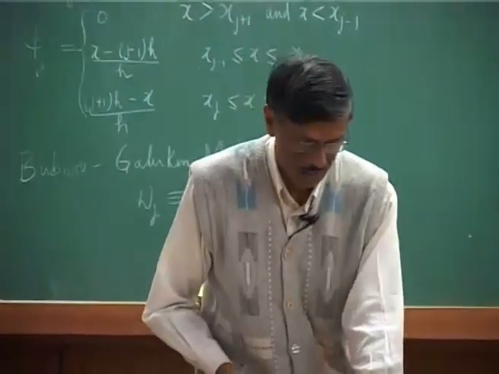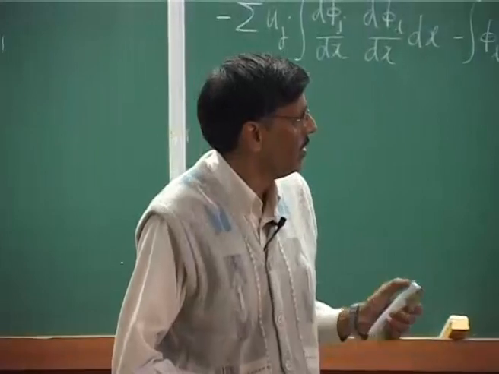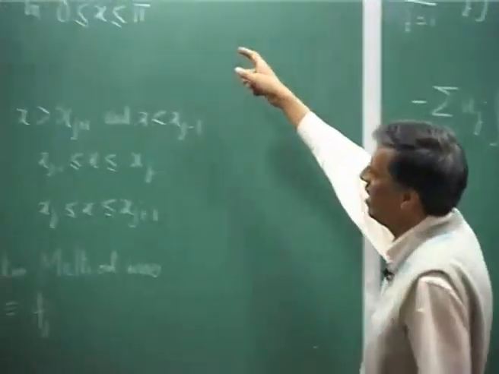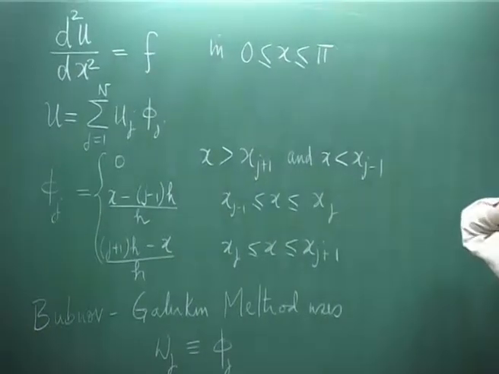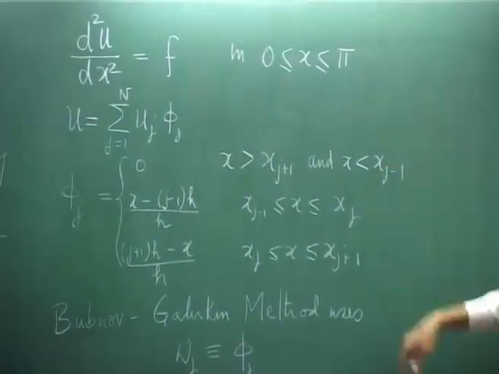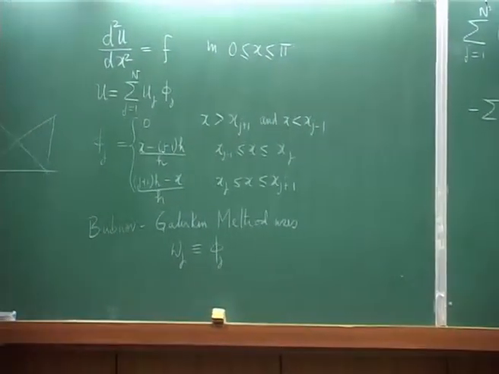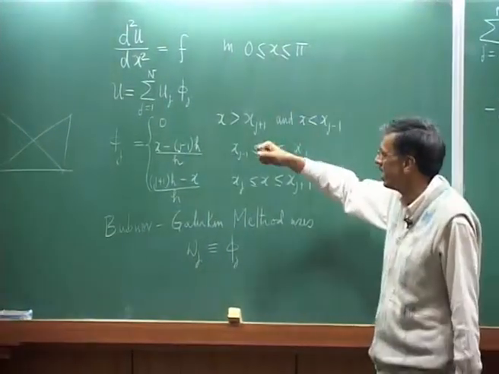So, let us begin. Recall that in the last class we started looking at an example of this kind, how we apply linear Galerkin type of method is displayed here.